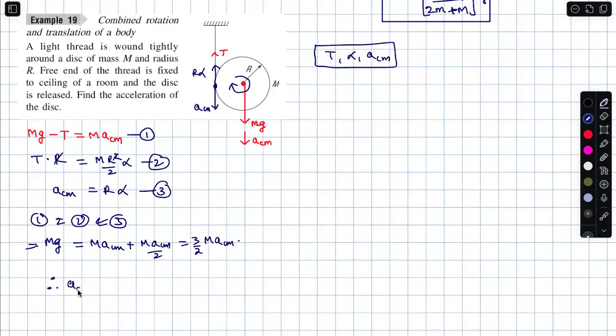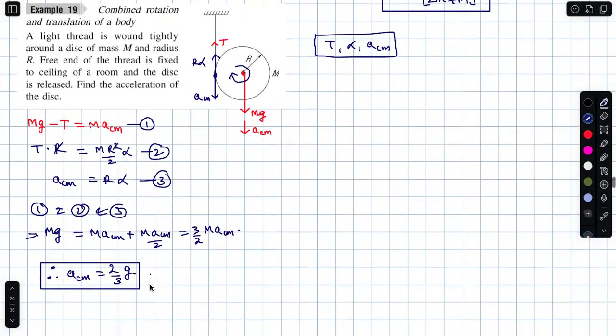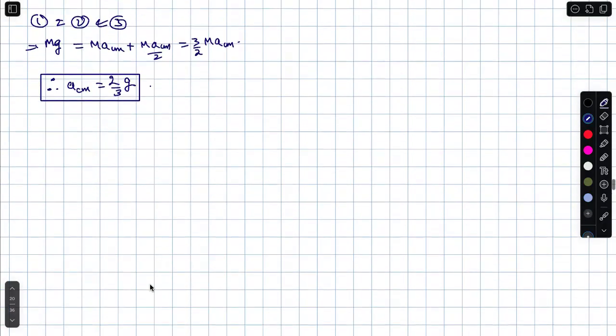Therefore, ACM is 2 by 3 g. Two by 3 g. Any doubts? Clear? Right.